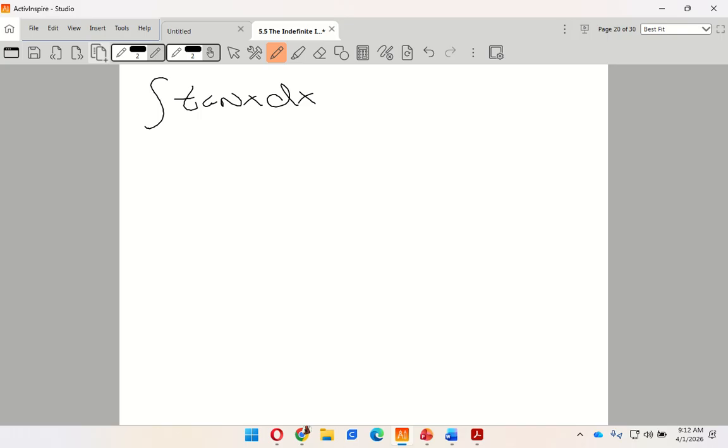First, what does tan represent? Sine over cosine. Right, Anthony? Okay, sine over cosine. So I'm going to rewrite, and I'm going to do a substitution.